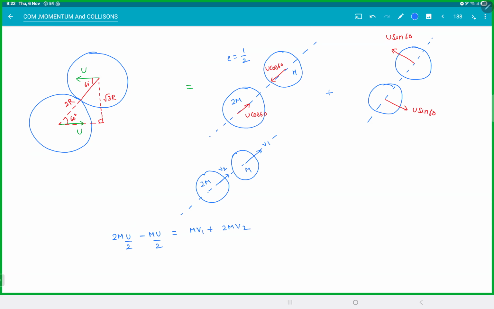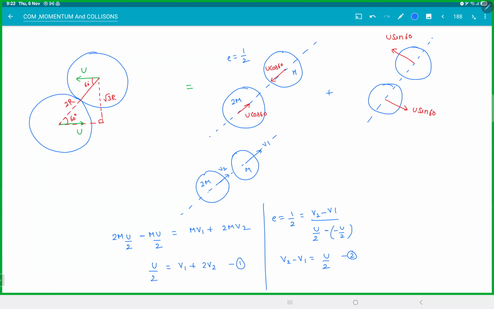M gets cancelled. This will be u by 2 is v1 plus 2v2. This is one equation. Coefficient of restitution is equal to half, which is v2 minus v1 by u by 2 minus of minus u by 2. So we get v2 minus v1 is u by 2.